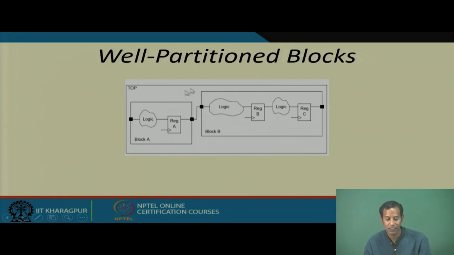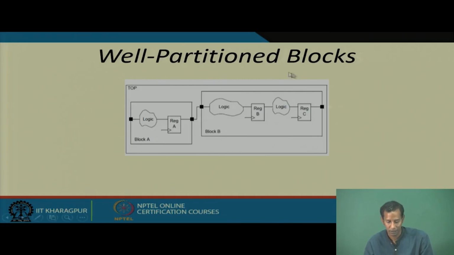So, that is why the timing checks for block A and block B will be independent of each other and much more accurate, so that we can get the actual information in the timing analysis report.